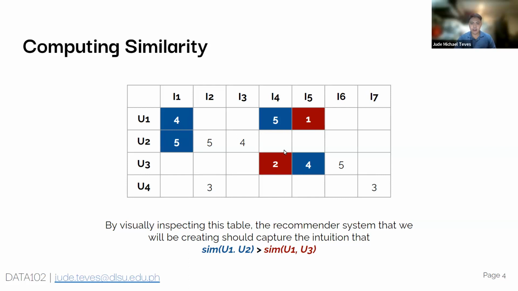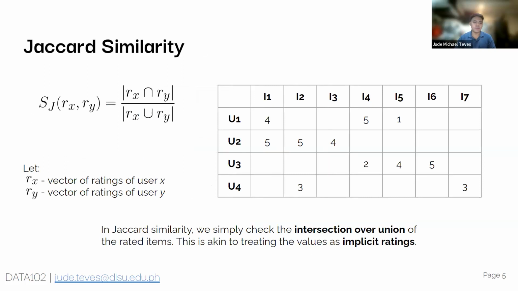It's basically the opposite: high for U1, low for U3.